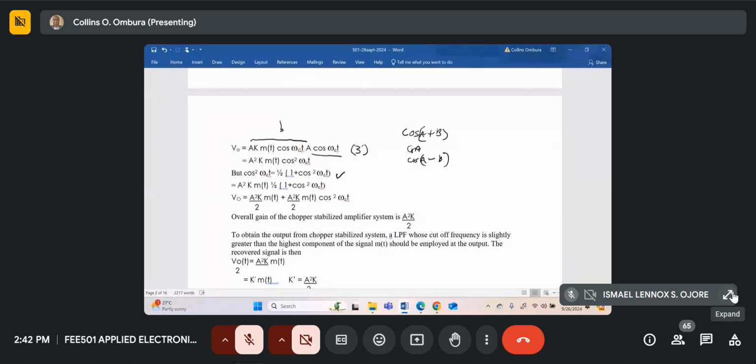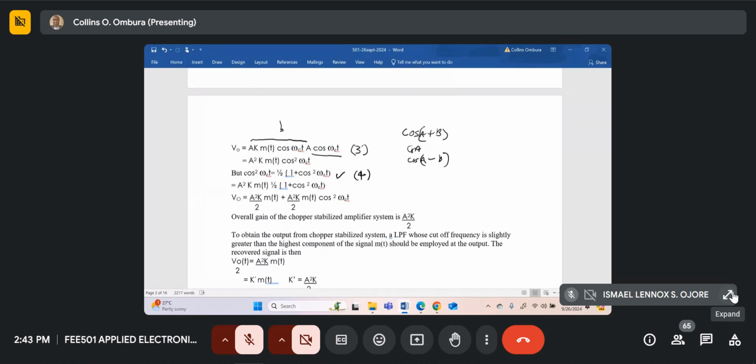That cos squared omega ct can be written as 1/2 into brackets 1 plus cos squared omega ct. So I'll substitute that term back. Let's call this one 4. So here I've just substituted 4 in 3. You substitute 4 in 3, you'll get that term.